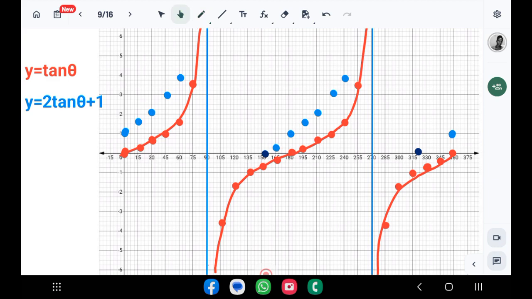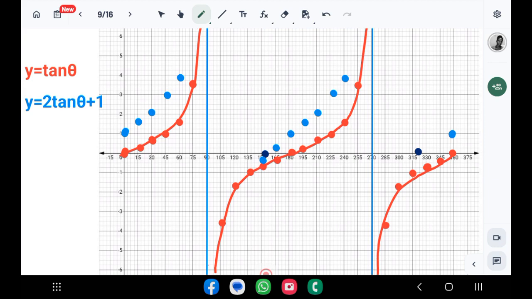Next, we have at 150. Okay, let's see what 150 gives us. 150 gives us the point negative 0,154, so that's just under that. Okay, there.